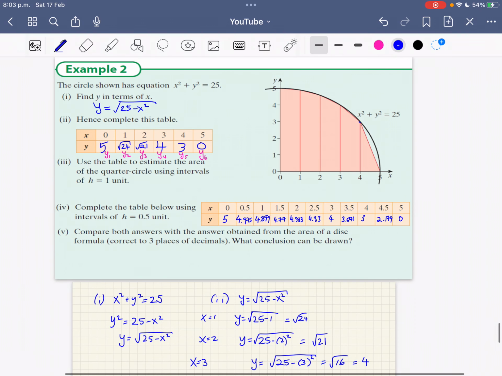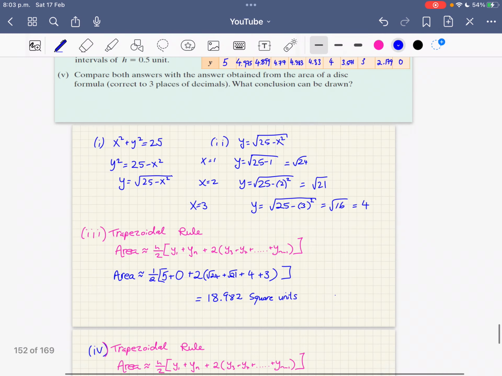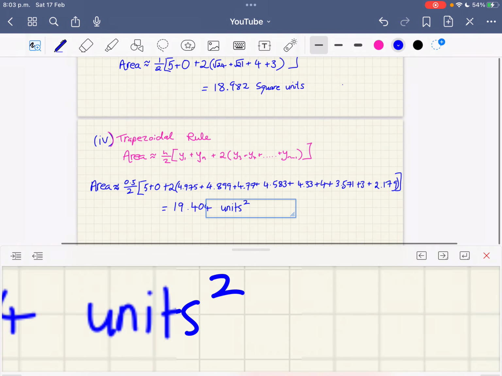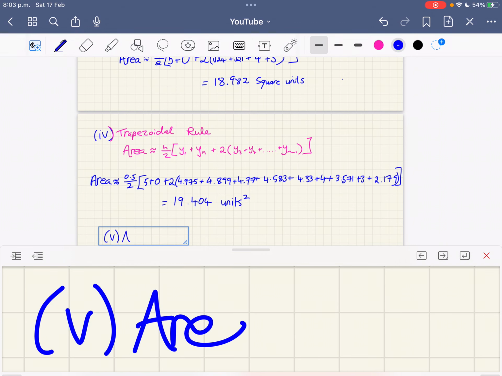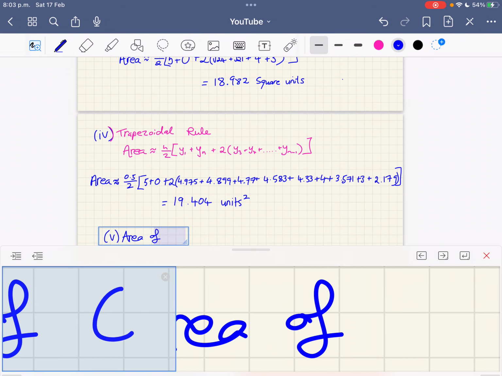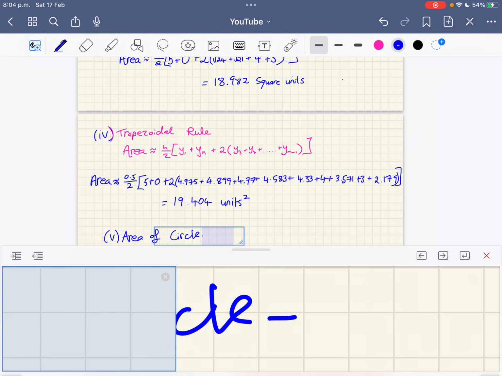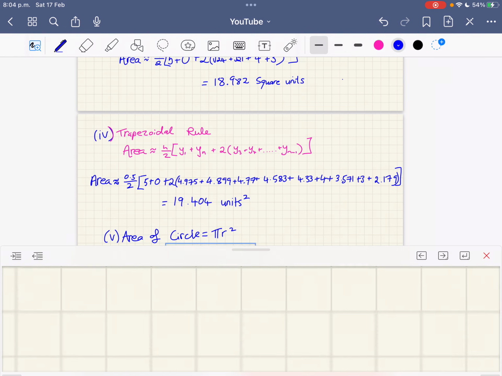Just go back to the question. So now compare both answers with the answer obtained from the area of a disc formula, corrected to 3 decimal places. So we look at the area of a circle formula. Area of a circle is equal to pi r squared.